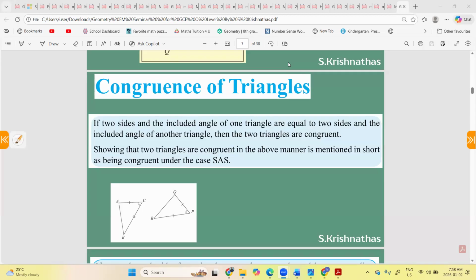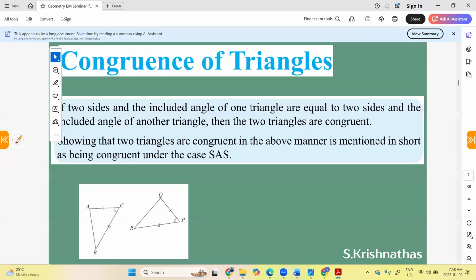That is one of the cases. Here, students, you mentioned this word, included angle. The word included angle. So which one is the easiest?